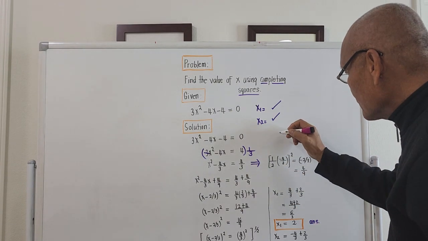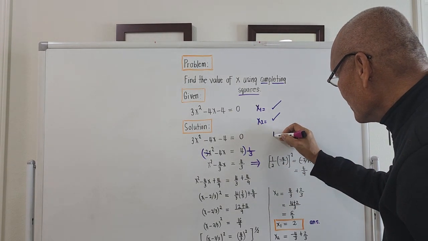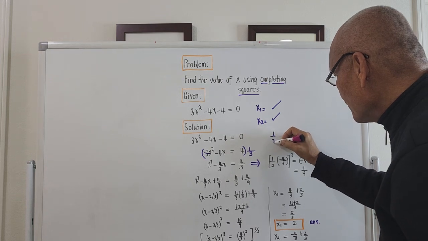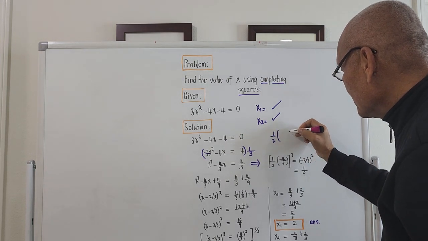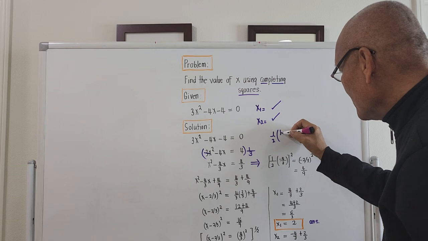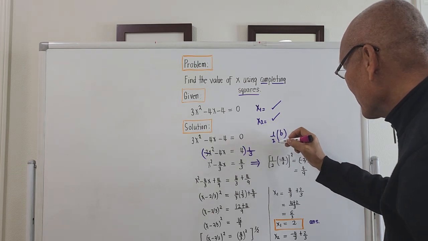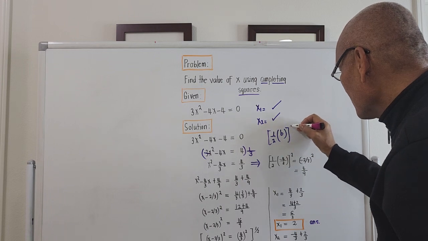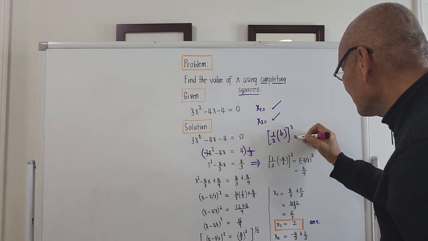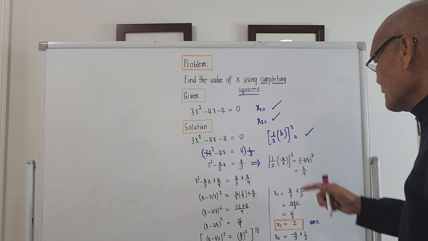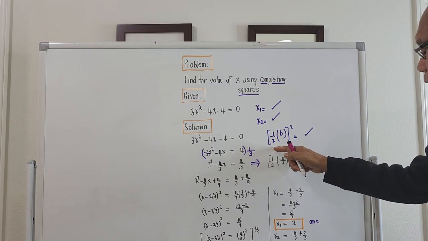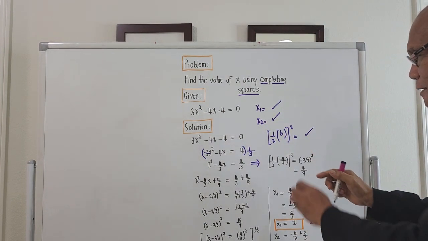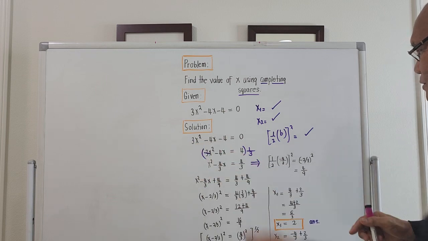This is standard. Take 1/2 of the coefficient of b, then square that one. That is actually the general formula on how to make the left-hand side a perfect square.